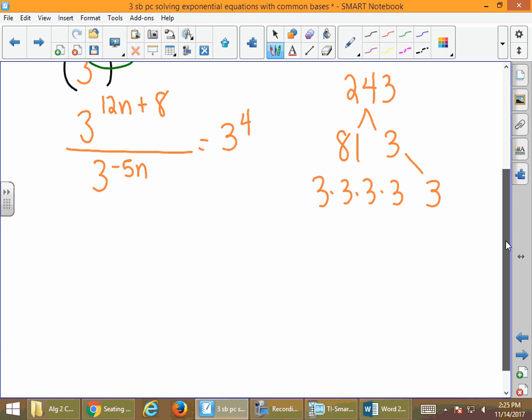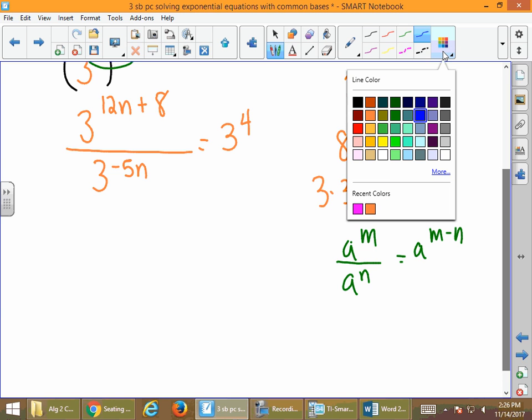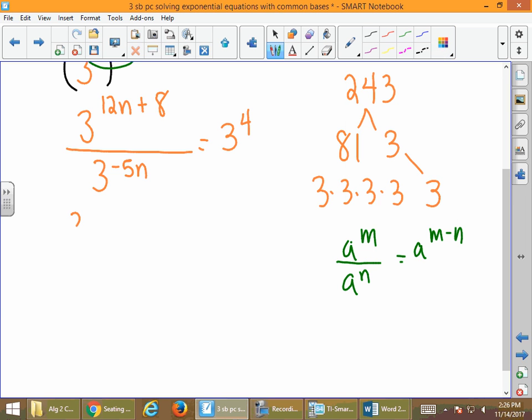Now, there's a couple of different ways to do this problem, but what's the exponential rule when we divide? What operation do we do when we divide? We do a to the m divided by a to the n equals a to the m minus n. So this is going to be 3 to the 12n plus 8.